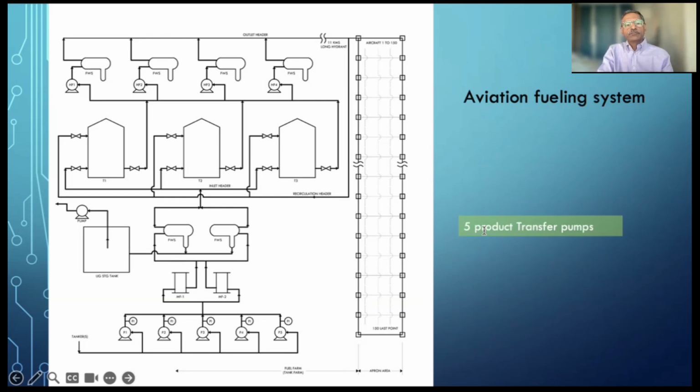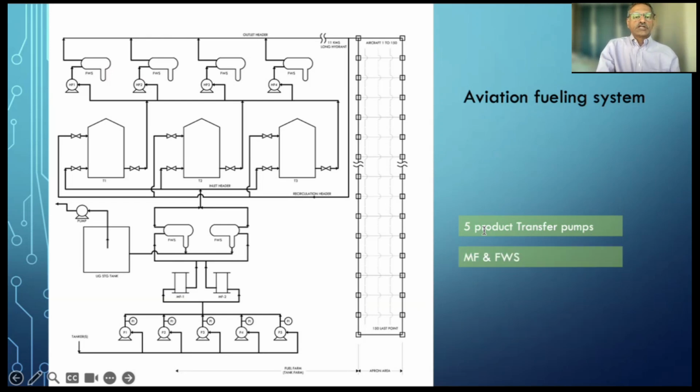Let's say this is a typical big airport system. So there are five product transfer pumps. Now product means the flight fuel, aviation fuel, which is coming by the tankers. The tankers will push this product through these product transfer pumps to the storage tanks.